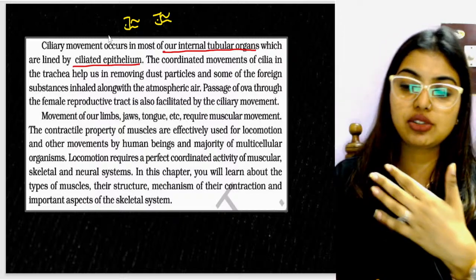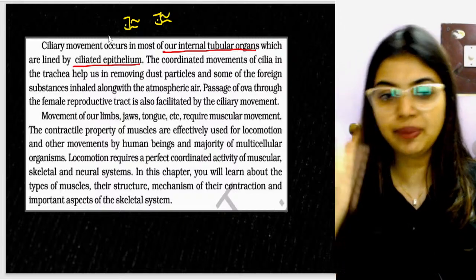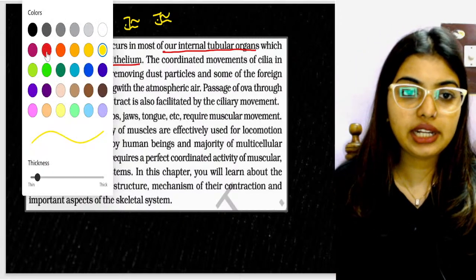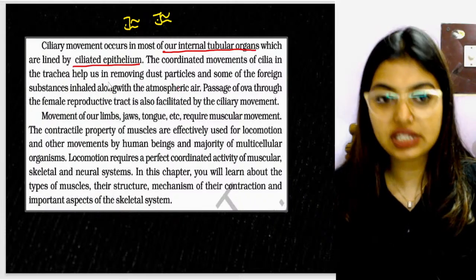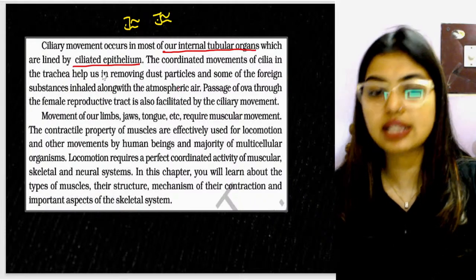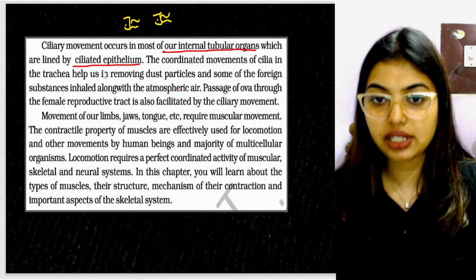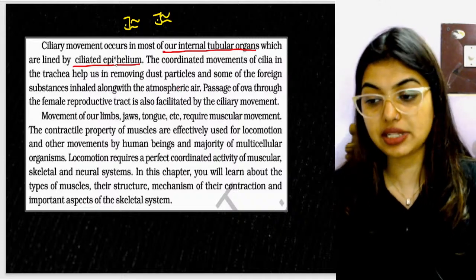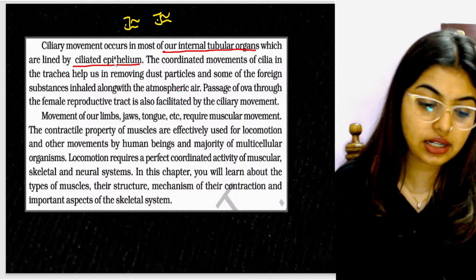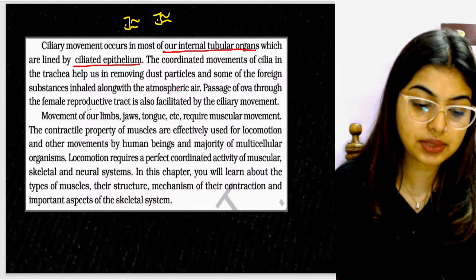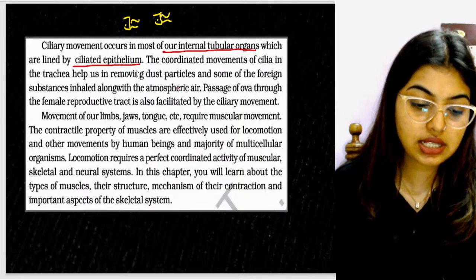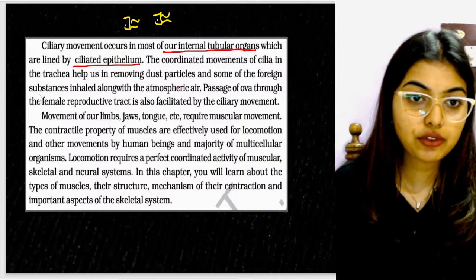All this dance they will do. Now the coordinated movements of the cilia in the trachea help us in removing dust particles and some of the foreign substances.